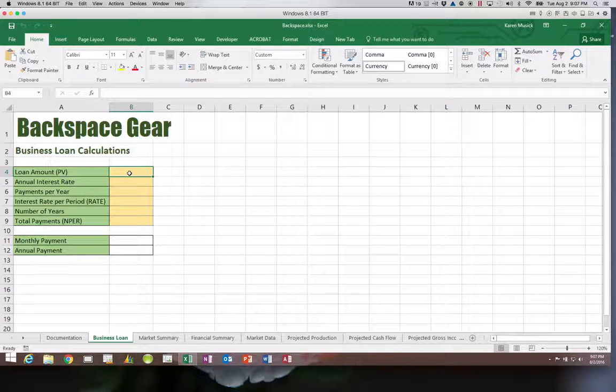So in B4, we are going to be entering the amount of money that they would borrow, which is $150,000. Remember, when we enter numbers, you do not need to enter the formatting that goes with them. So you do not type the $ or the commas.